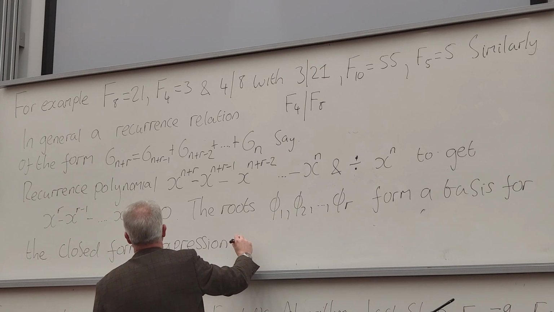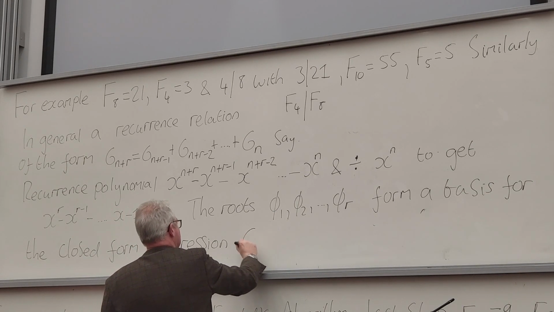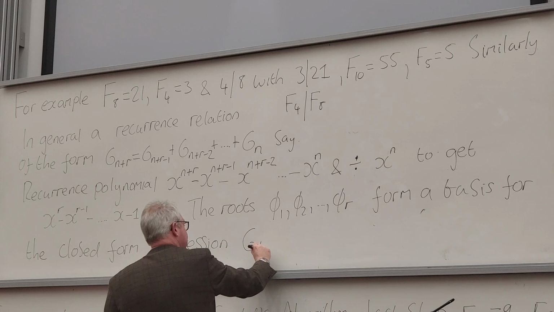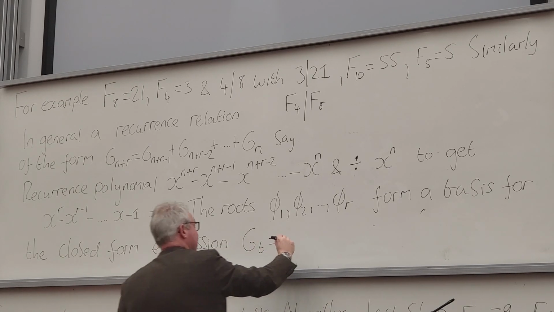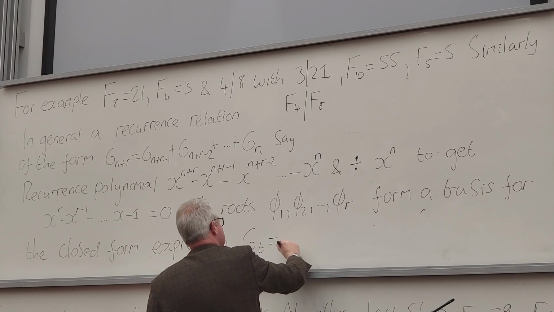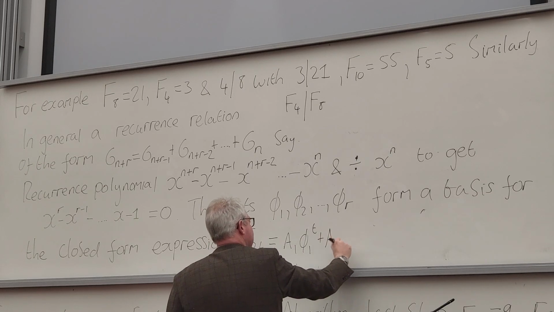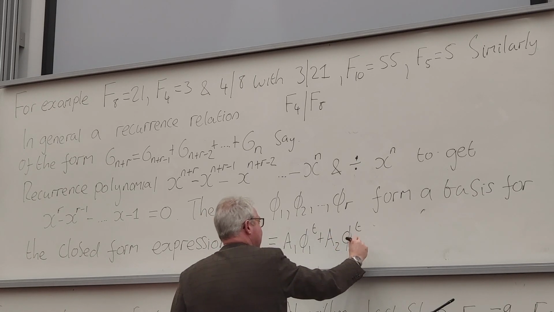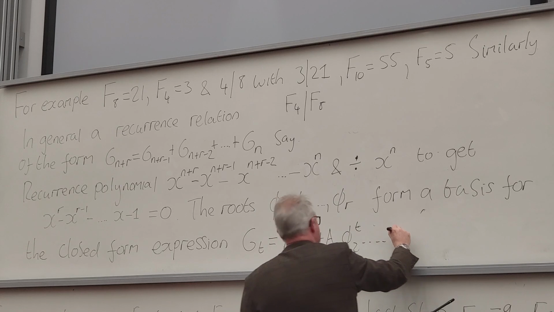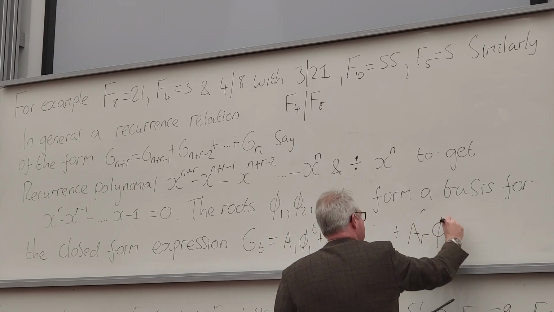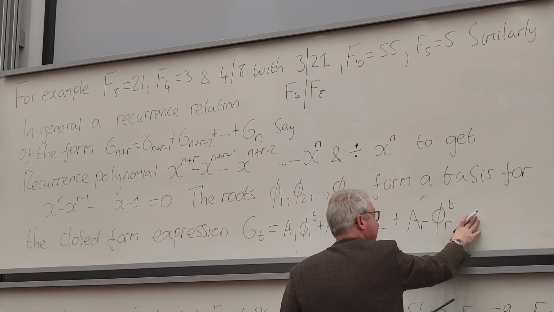So let's say g of t equals, these are coefficients, a1 phi 1 to the t plus a2 phi 2 to the t plus up to ar phi r to the t.